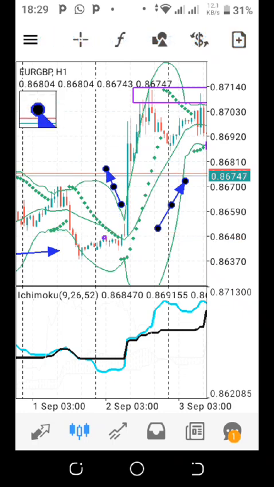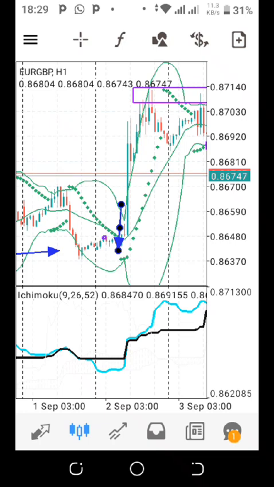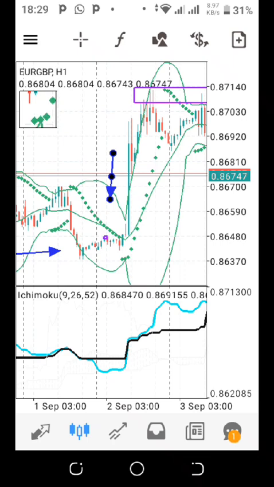Around here, let me remove this. You see, it crossed, it touched the dots on the parabolic SAR, one of the dots disappeared and then went to the opposite side. So when it touched the dots here, it disappeared.